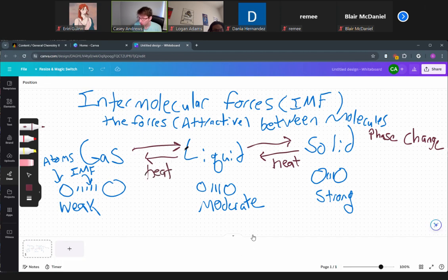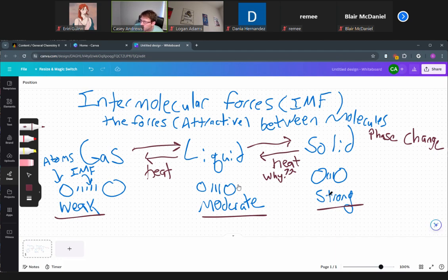And we know this, and I'm going to go back to water as my example a lot of the times in this class. If I have an ice cube and I want to make that liquid water, I have to add heat. If I have liquid water and I want to make that into a gas, I need to boil it. I need to add heat. Why? Well, the why of why I need to add heat is because of these intermolecular forces, right?